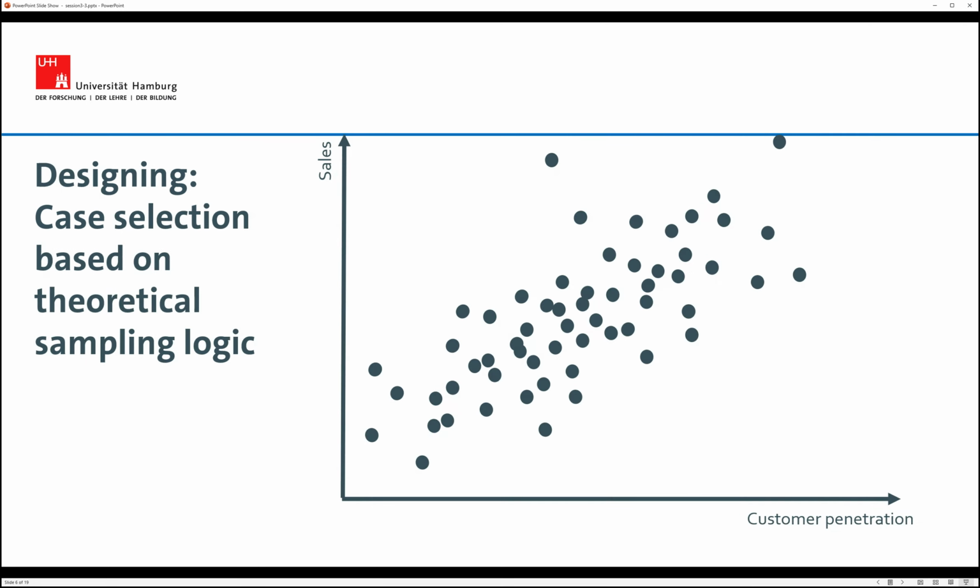In designing, we needed to select cases, and in this particular example, we selected multiple cases, so it was a multiple case design, and we had a theoretical sampling logic.